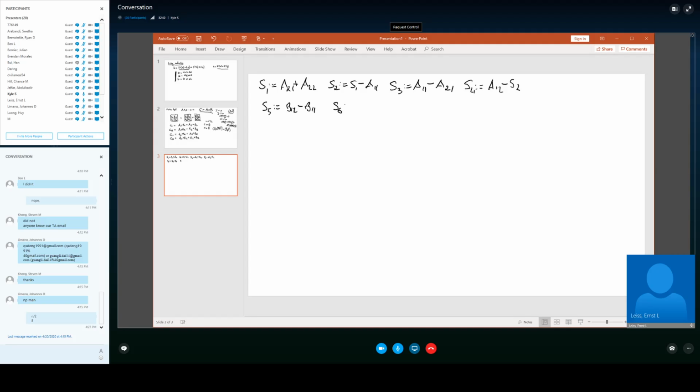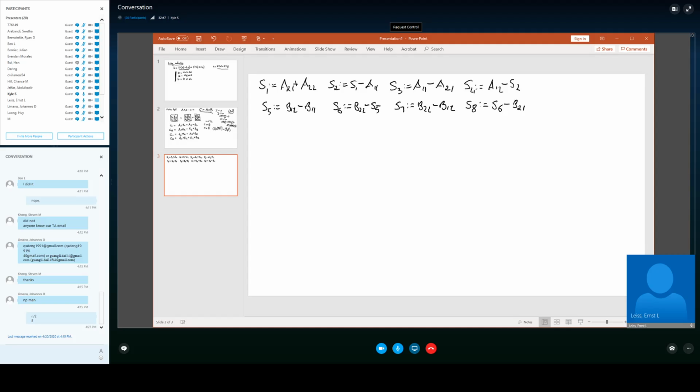S6 is B22 minus S5. S7 is B22 minus B12. And S8 is S6 minus B21.